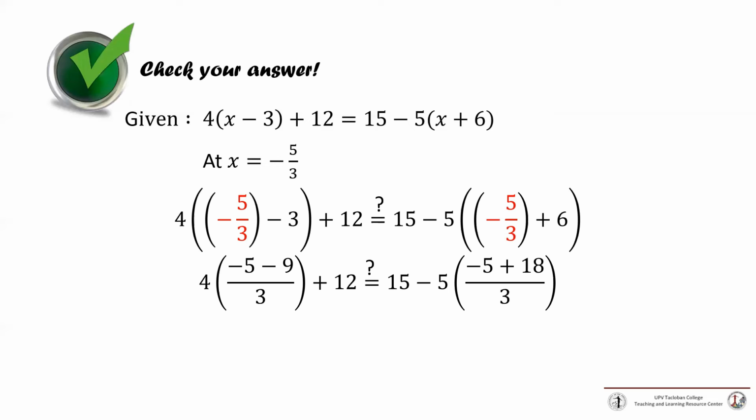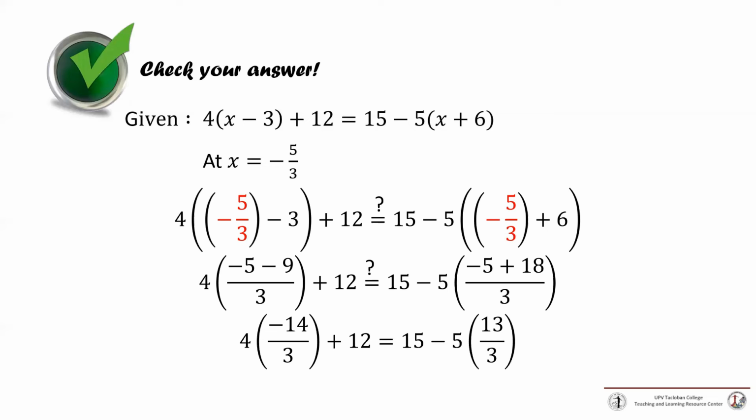And then we are not yet sure if the left-hand side is equal to the right-hand side. So let's continue. So negative 5 on the left-hand side, we simply combine it and simplify it.